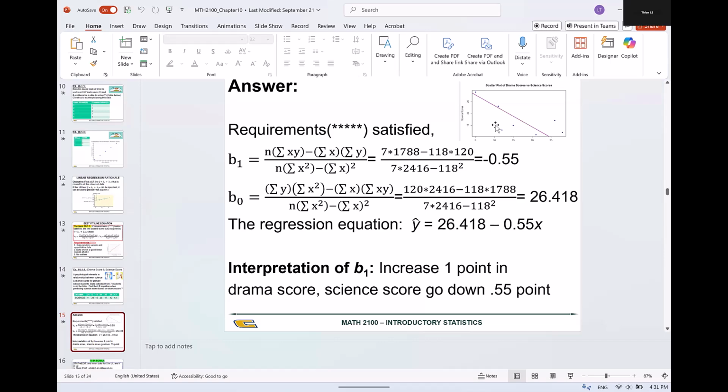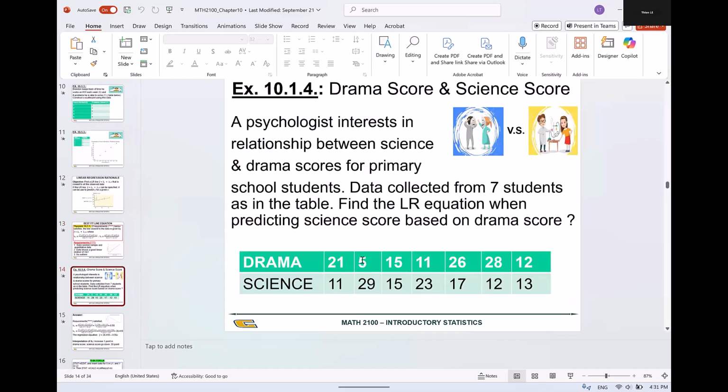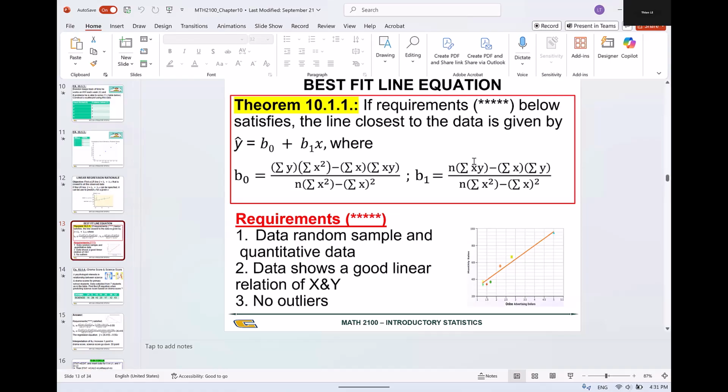Then you can find the regression equation by just plugging into the formula, which is B1 equal to n, and in this case your n will be 7 because you have 7 students, times the summation of xy.